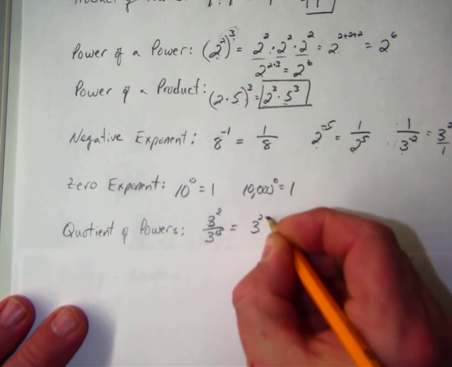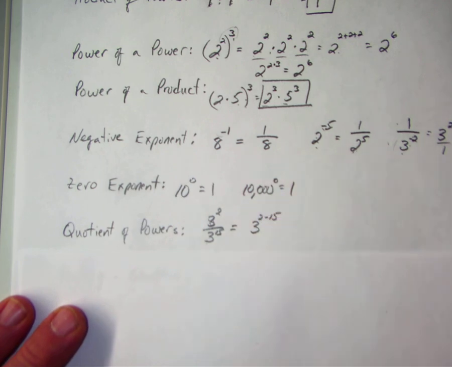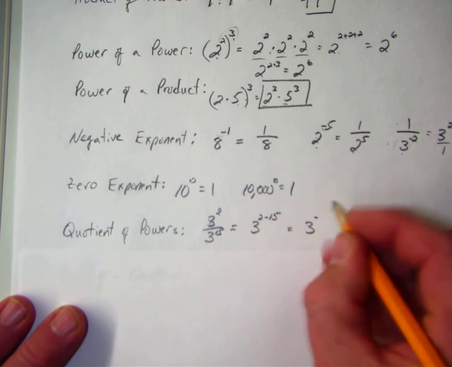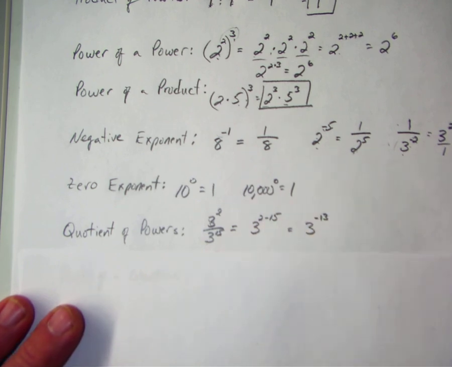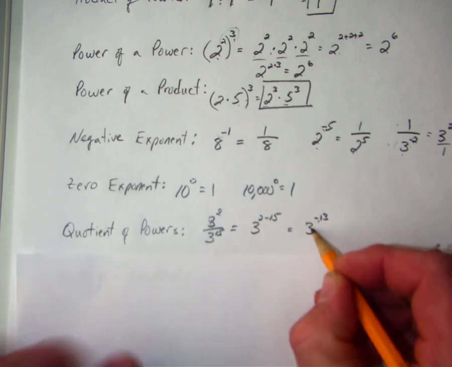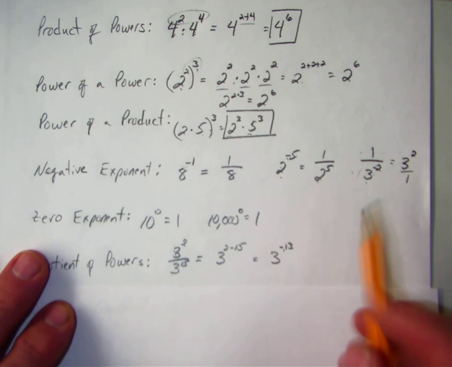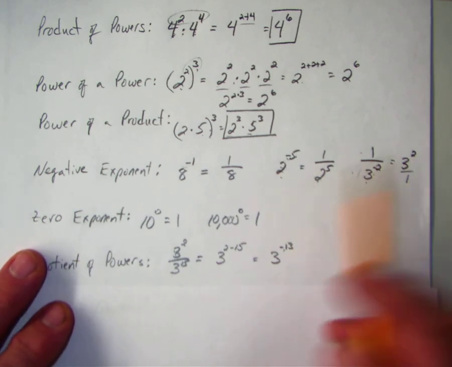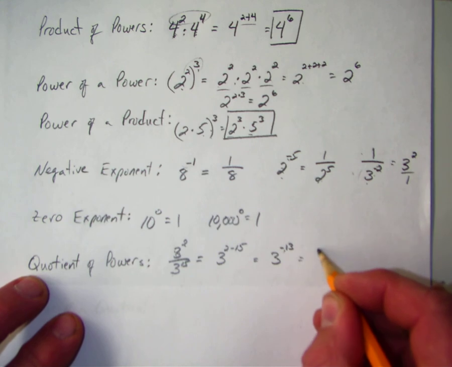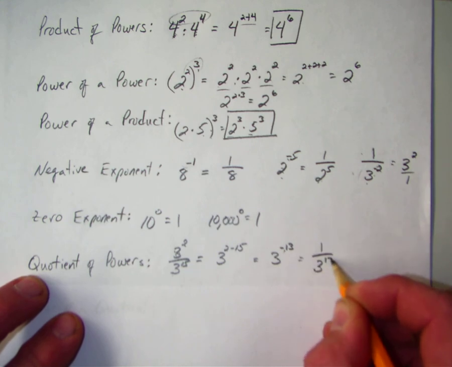So the exponent from the top minus the exponent from the bottom. So therefore, 2 minus 15 is negative 13. You cannot leave a negative exponent, so we have to take this further. Now remember, a negative exponent tells me to move it, or flip it, or take the reciprocal of it, whatever you want to call it. So it becomes 1 over 3 to the 13th.